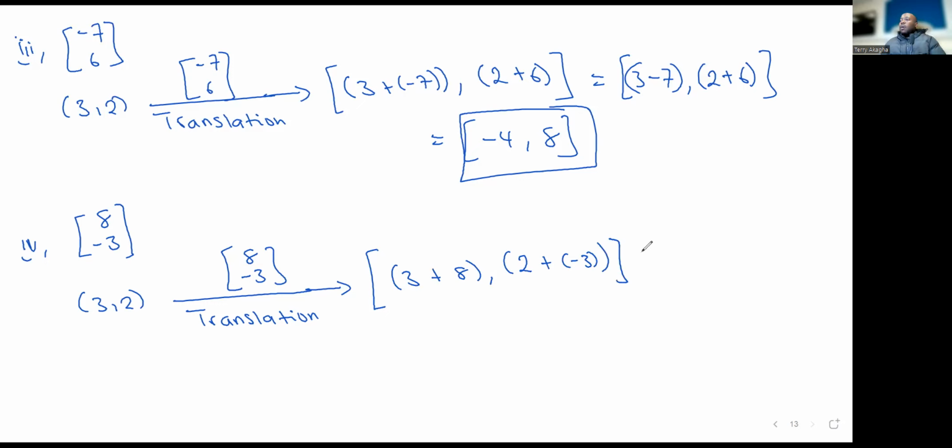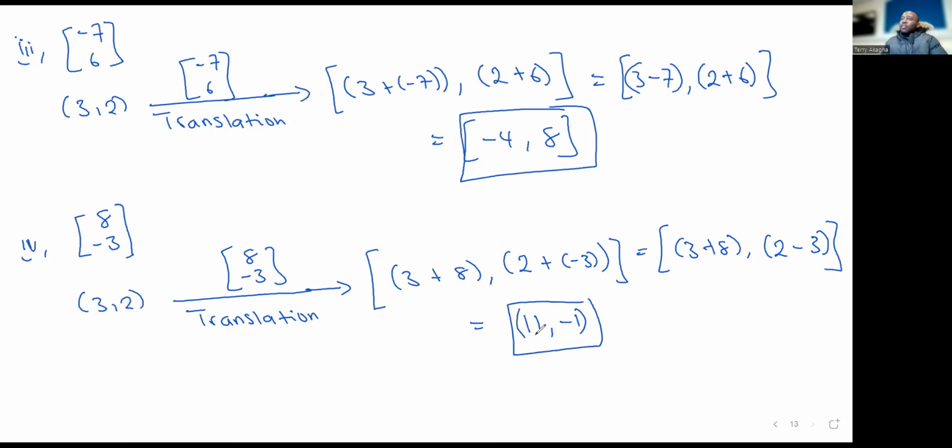That will be 3 plus 8, and plus times minus will give us minus, so that'll be 2 minus what? 3. And the answer you're going to get is going to be 11 and what? Minus 1. And that will be the coordinates for that.